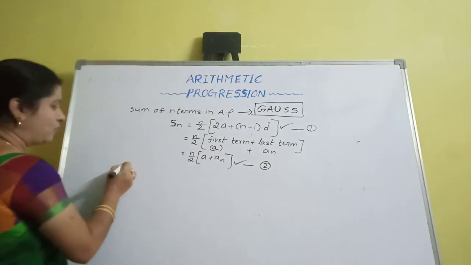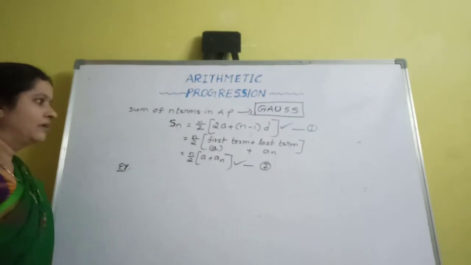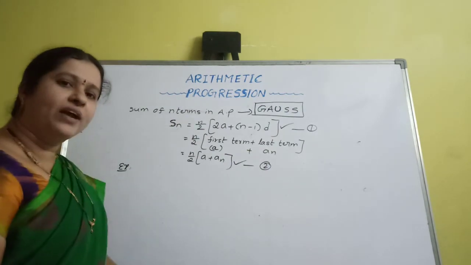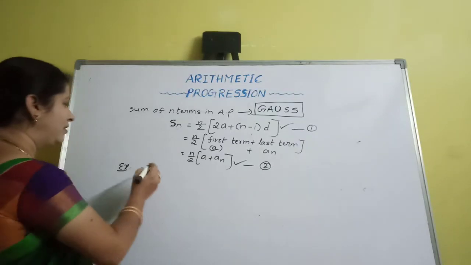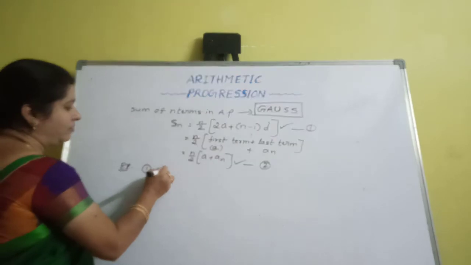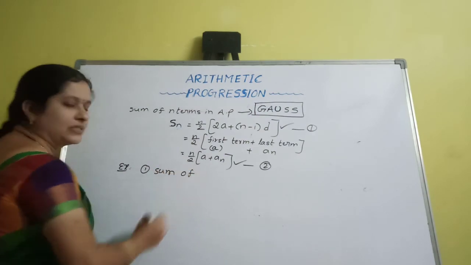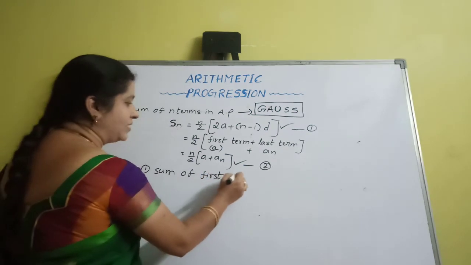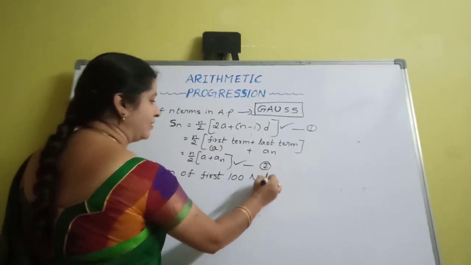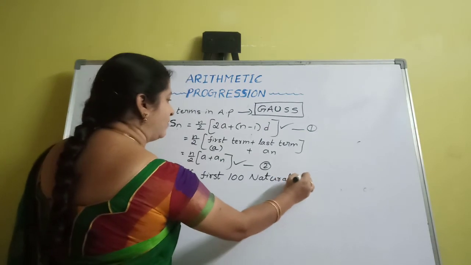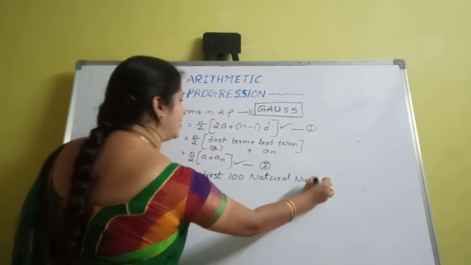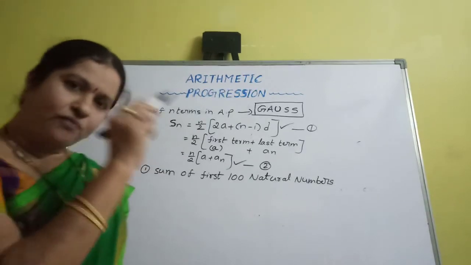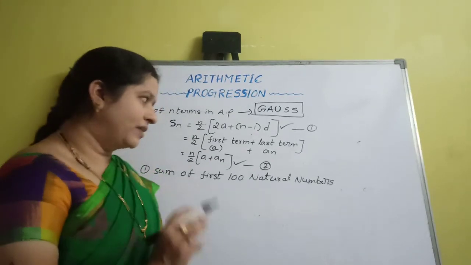For example, so many examples are there about the sum of n terms in AP. For example, sum of first 100 natural numbers. What is the sum of first 100 natural numbers? Is it possible to count the addition of all the numbers? It is very difficult.